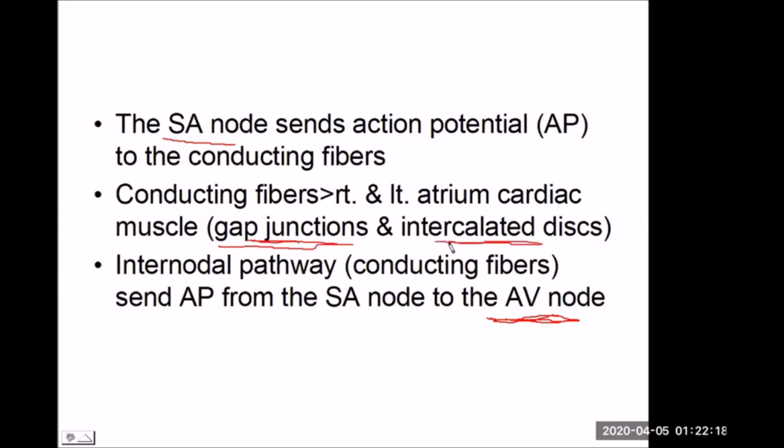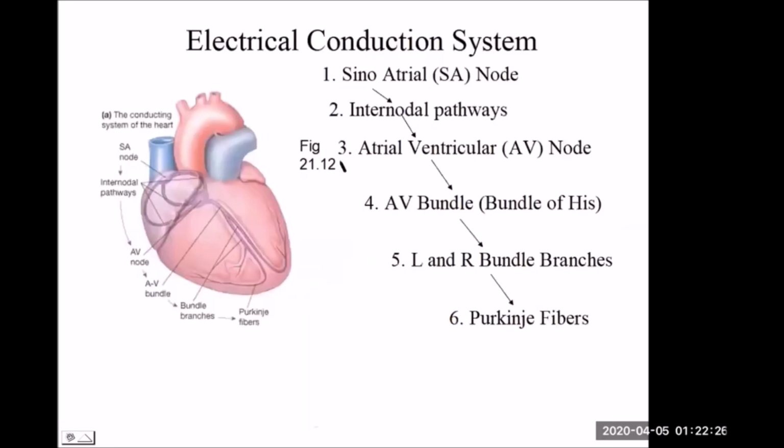So this way, neighboring cardiac muscle cells are able to stimulate one another. And then, of course, from the AV node, again, following the steps to reach the Purkinje fibers, and then ultimately Purkinje fibers stimulating the myocardium of the two ventricles.